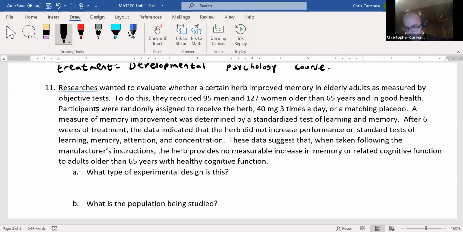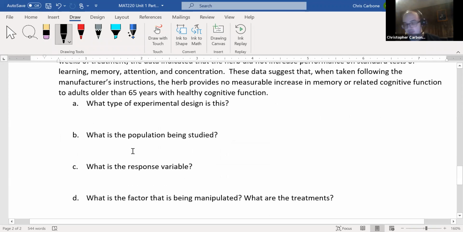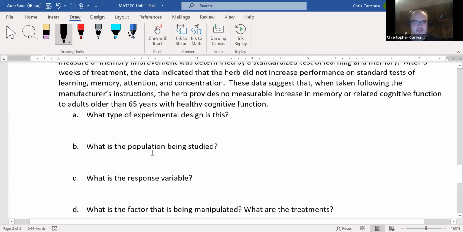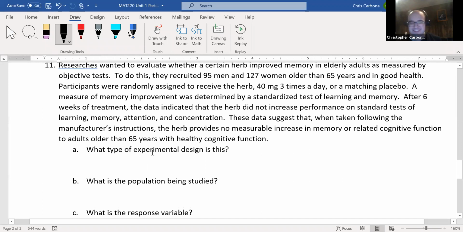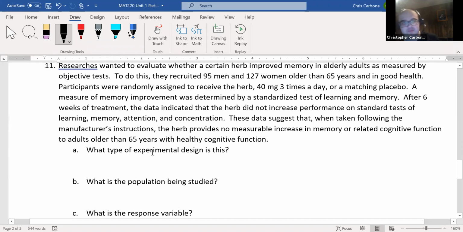So, based on this, we want to know what type of experimental design is this. And well, based on the way that this is worded, and I probably should have actually left the scenario up so I can emphasize from it, the participants were just randomly assigned to those treatment groups.